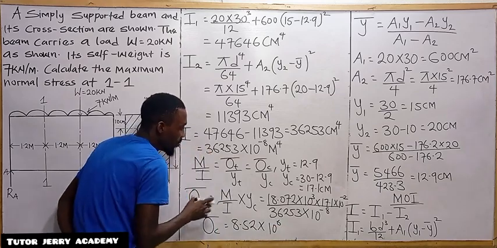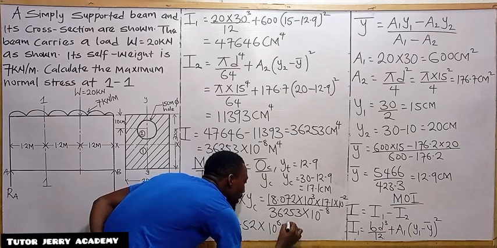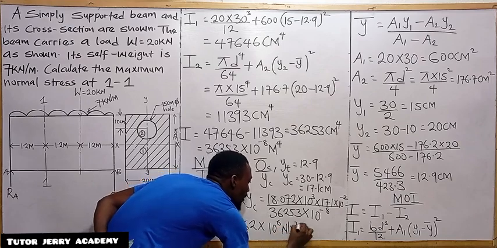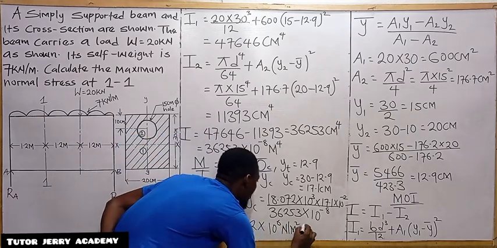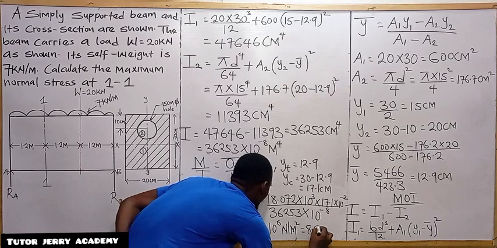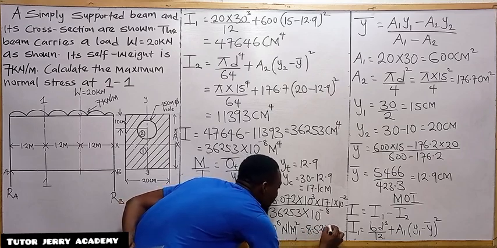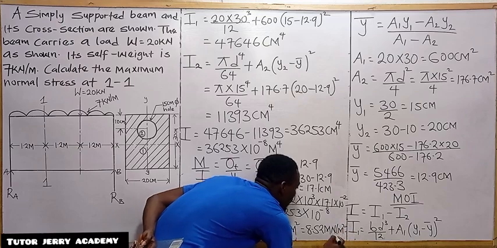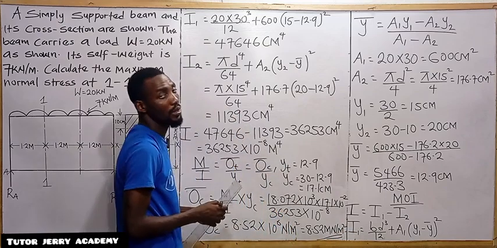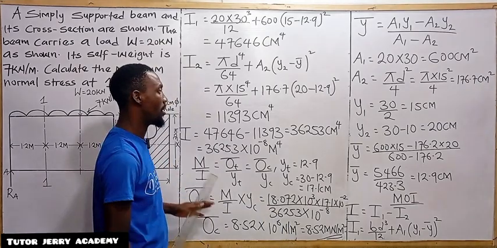So our unit is going to be what? Newton per meter squared, which you can further rewrite as 8.52 mega Newton per meter squared. So here is the solution to the above question.